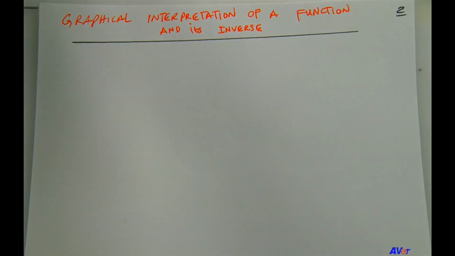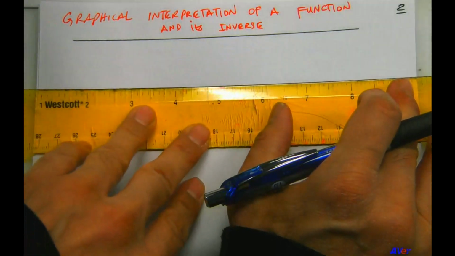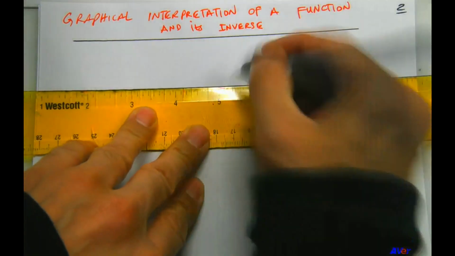So let me just begin with a graph first, and then I'll put the description for it right afterwards. But suppose we have such a graph.